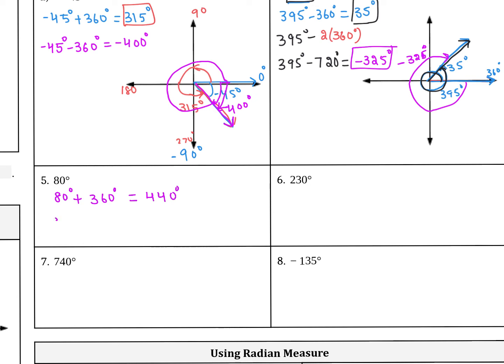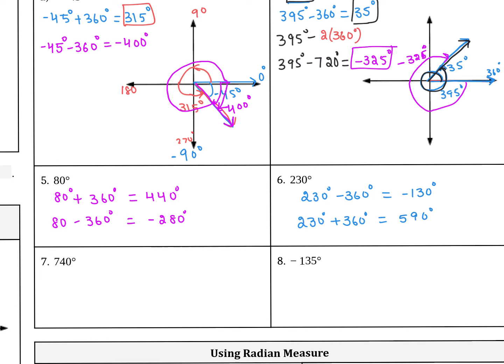To find the negative, you're going to subtract 360, and 80 minus 360 is negative 280, coterminal for 80. For 230, you're going to do the same thing. 230 minus 360, you're going to get the negative coterminal, negative 130. 230 plus 360 is going to be 590.